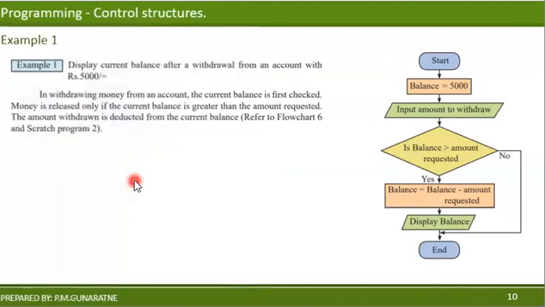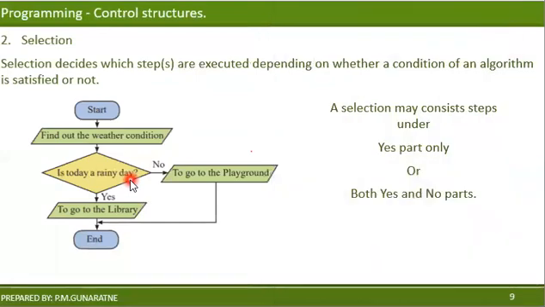Therefore, a selection may consist of steps under the yes part only or both yes and no parts. That means if you have yes, then you can have a process here. In the no path, there may be a process or there may not be, right?